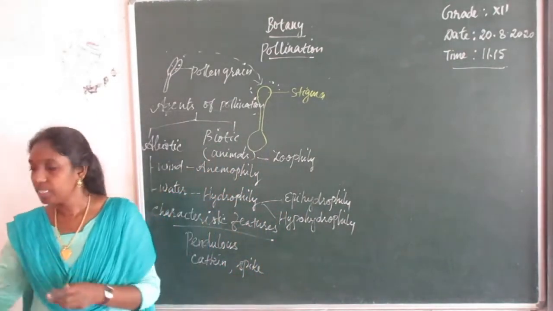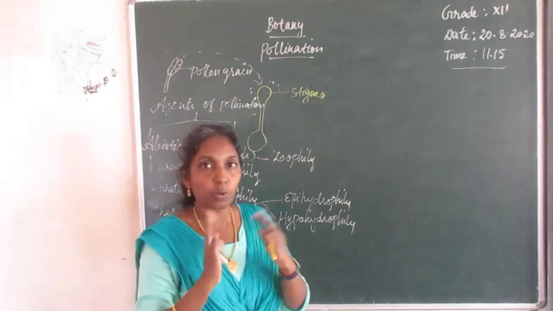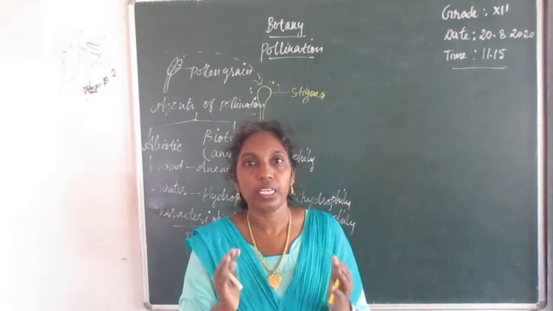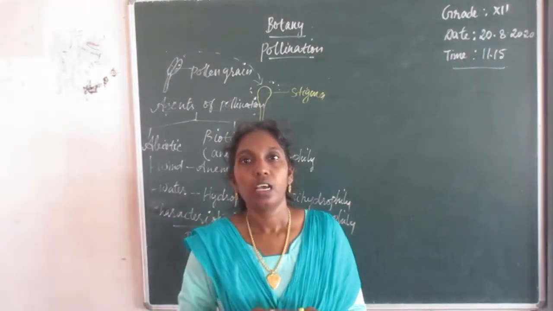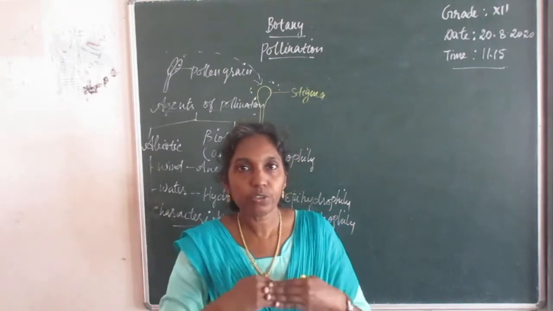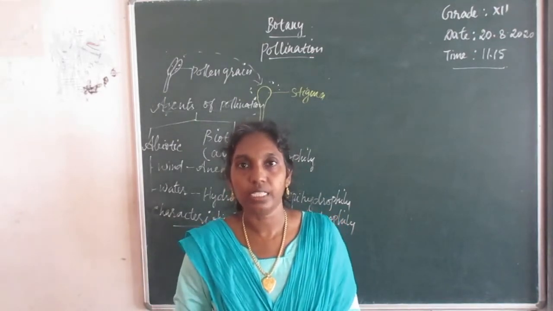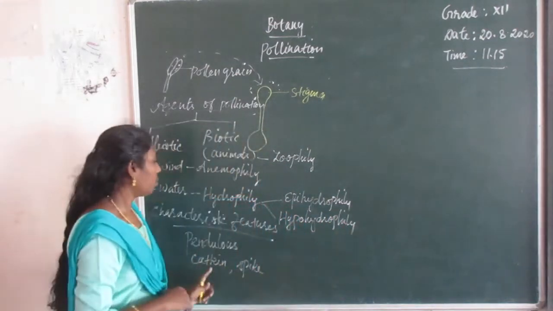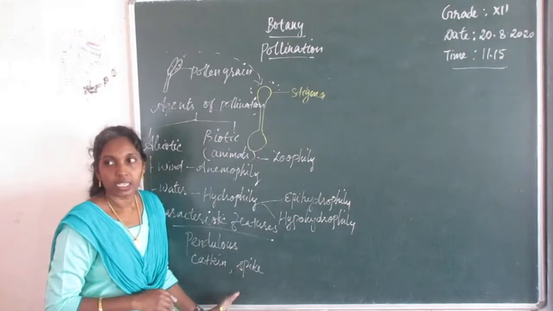And this produces abundant pollen grains. The pollen grains are numerous and the perianth is reduced. The perianth is the outermost whorl of the flower, which includes calyx and corolla. But in this type of flower, the perianth is either absent or reduced. That is another characteristic feature of anemophilous flowers.